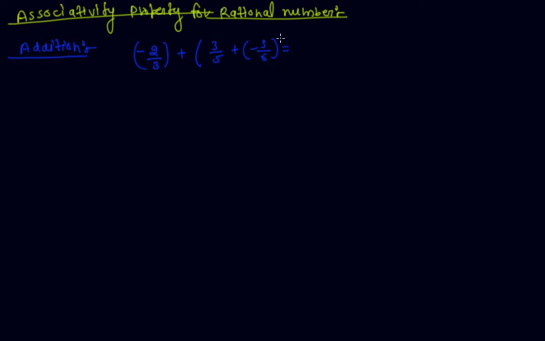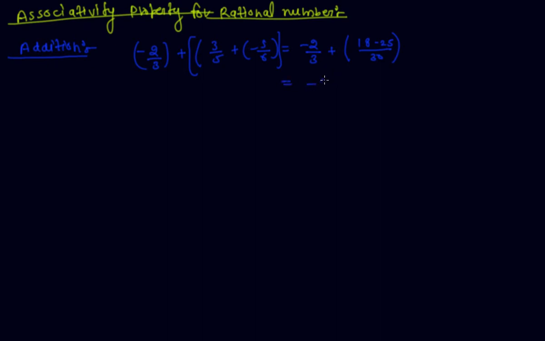If I find the answer, first I solve the bracket. If I add these two, the LCM is 30. 5 sixes are 30, 6 threes are 18, 6 fives are 30, and 5 multiplied by minus 5 is minus 25.